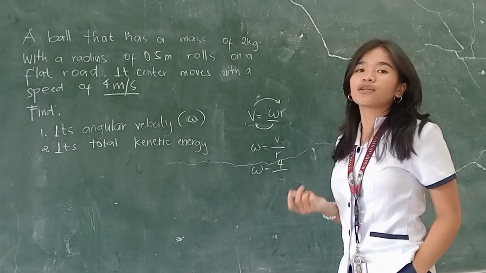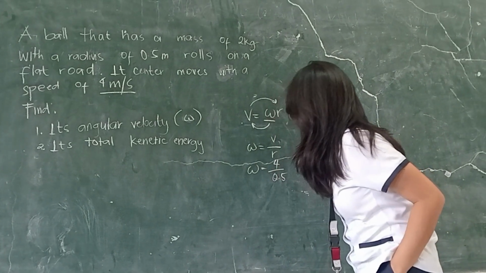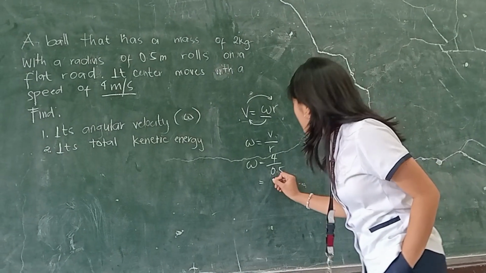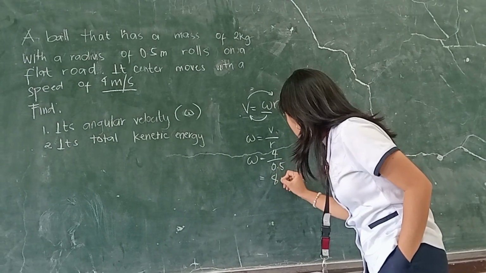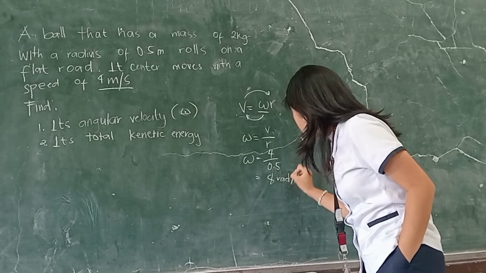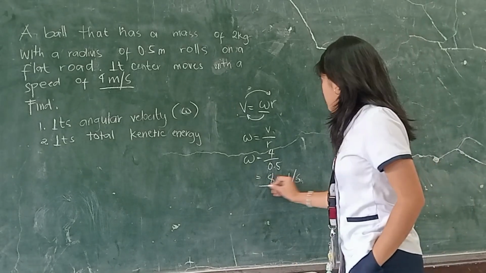It is 0.5 meters. Then we divide, it will be 8 radians per second. And that would be our angular velocity.